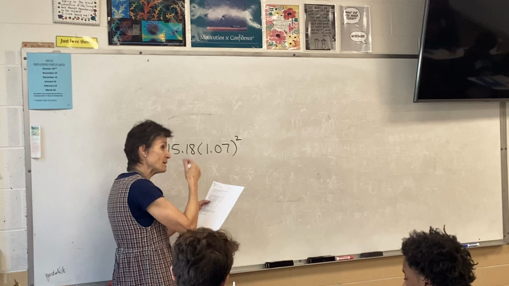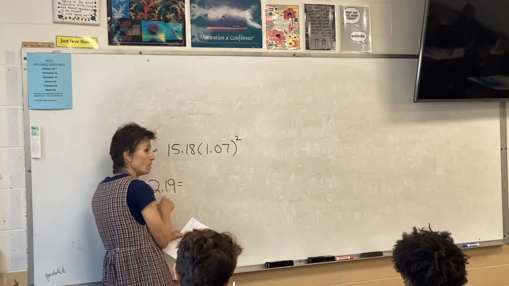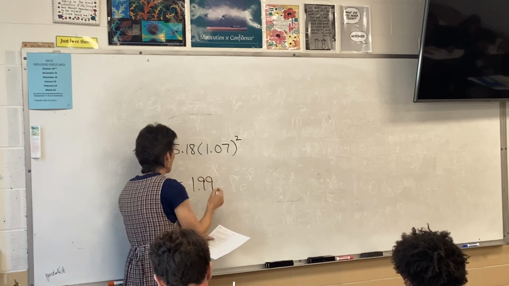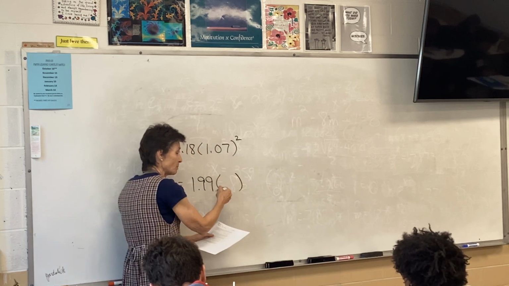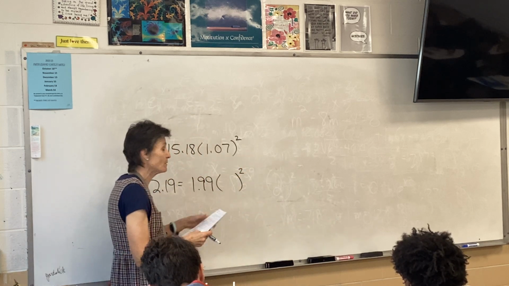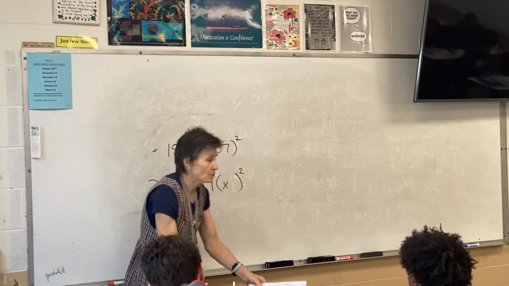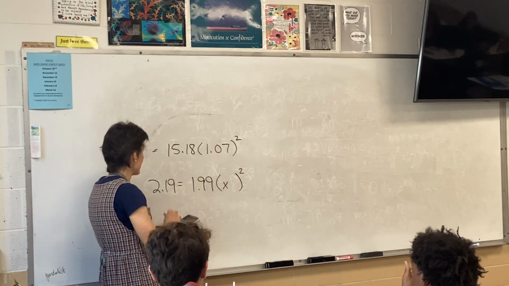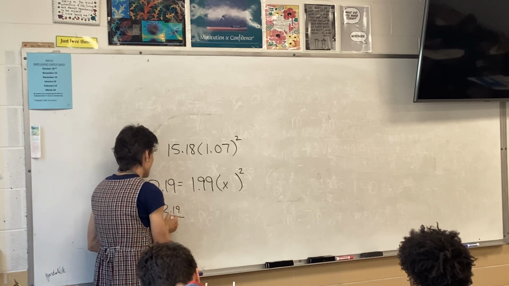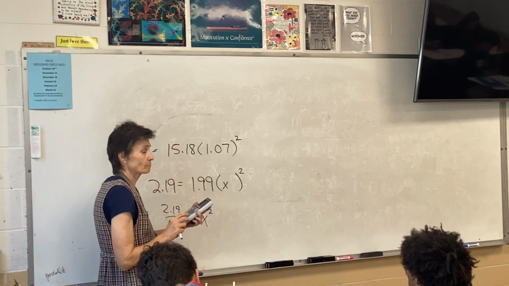So if we think about the problem like that, we know it's $2.19 now. We know it was $1.99 in the beginning. We don't know what we're multiplying by, but we know we multiplied twice because it was 2 years. So I'll just call this x. One way to do it would be to divide first, right? So we'll take 2.19 divided by 1.99, and then what?